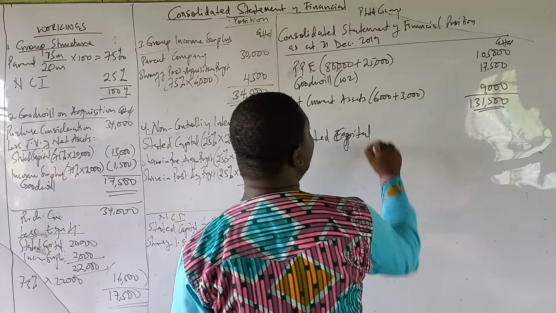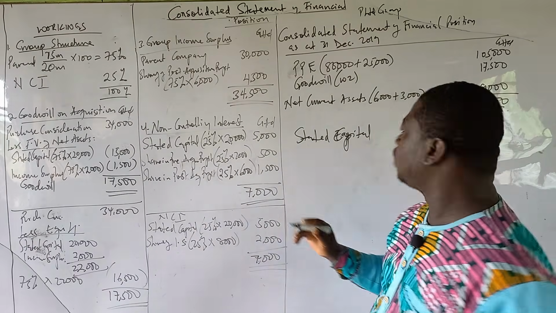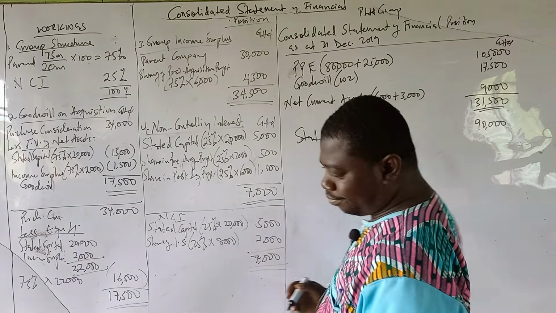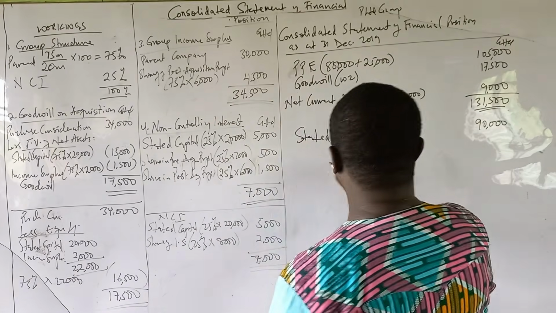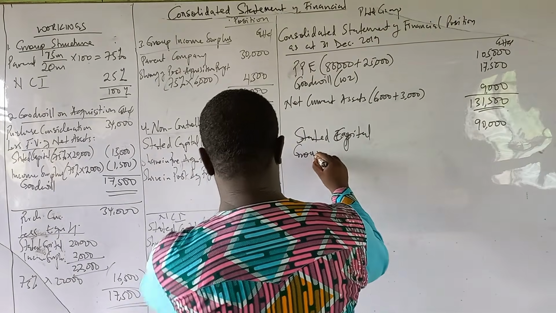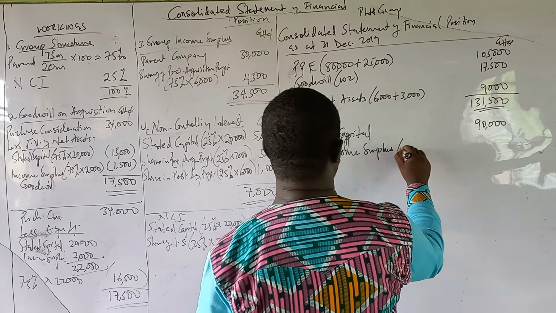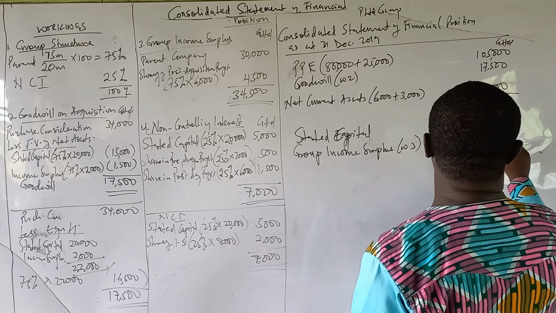As for that one, we all know stated capital will always be that of the parent company alone. So we have that in the question to be 90,000. And then we can add our group income surplus. So that will be the equity of the group. Group income surplus, according to the third working, is 34,500.